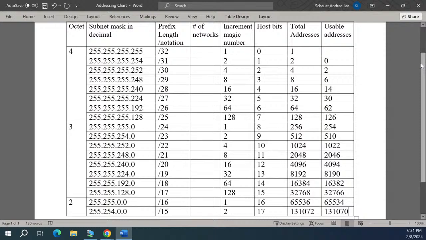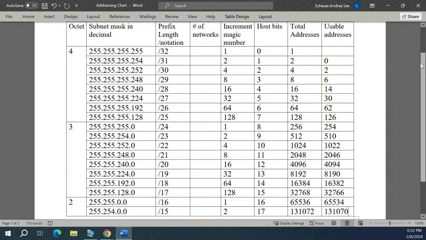So if someone says to you, I need 64 networks, and they're really small networks, I only need like 2 hosts, which subnet mask would take care of that? Exactly, a /30, not a /31, a /30.